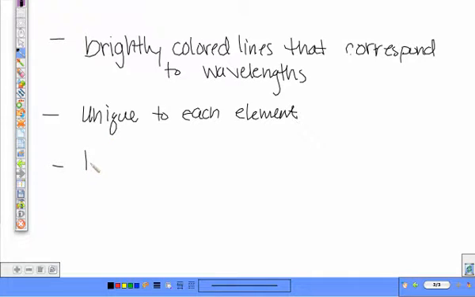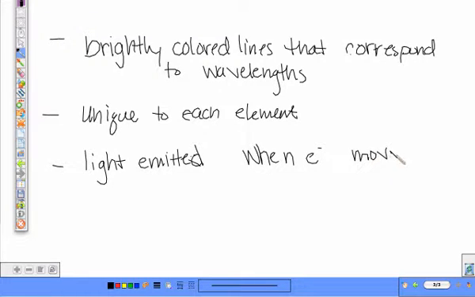And why is the light emitted? When electrons move from excited state to ground state.